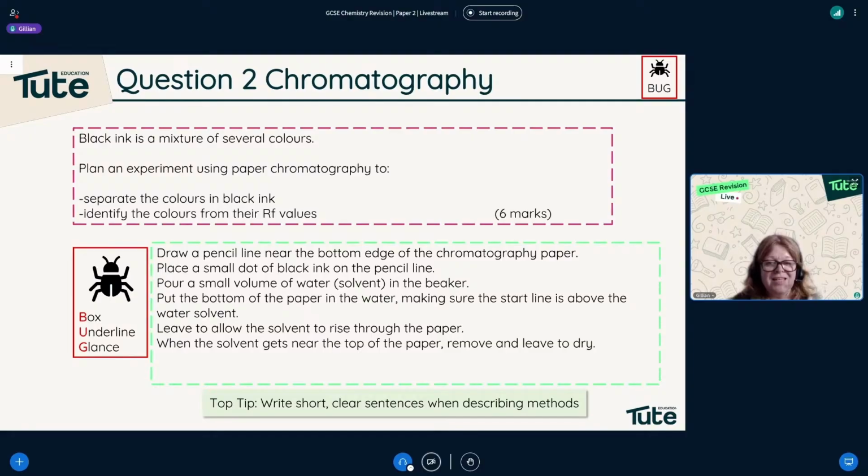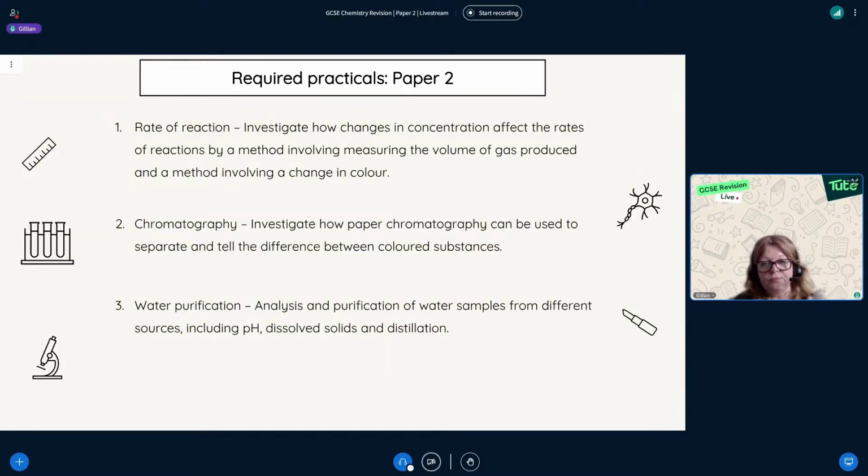When the solvent gets near the top of the paper, remove and leave to dry. Determine the RF value. So think back to that calculation that we've done previously. So take those measurements from your chromatogram and compare with known RF values. Okay, so that would get you 6 marks if you are asked about the chromatography required practical.